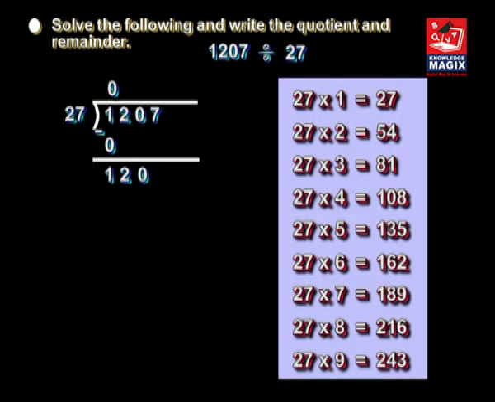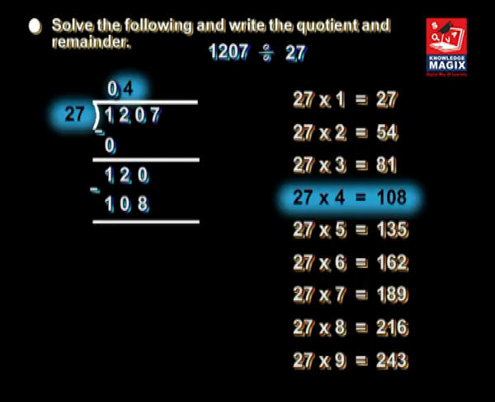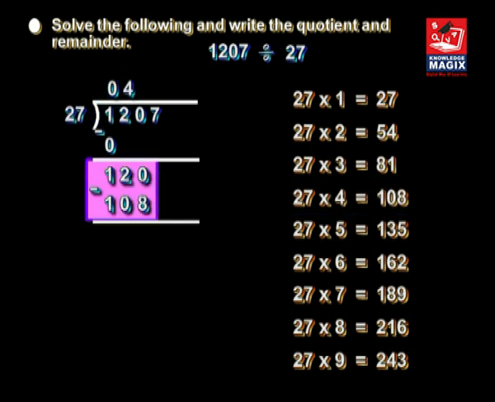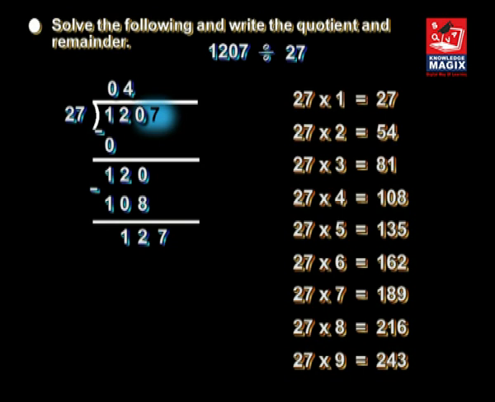Look at the table of 27 and find out the number which is just smaller than 120. So 27 4s are 108. So now we'll put 4 in the division. So 120 minus 108 is 12. Then we'll put the next digit 7.